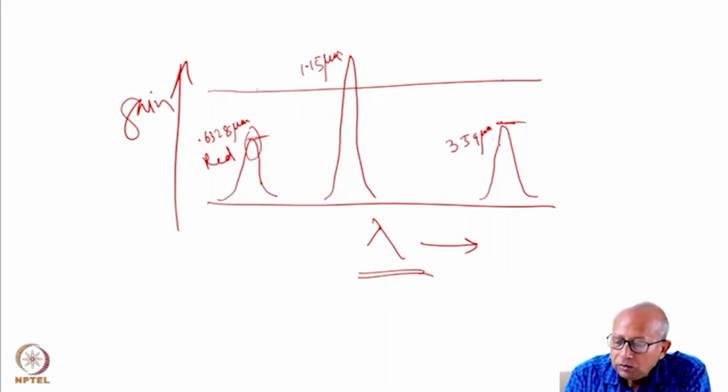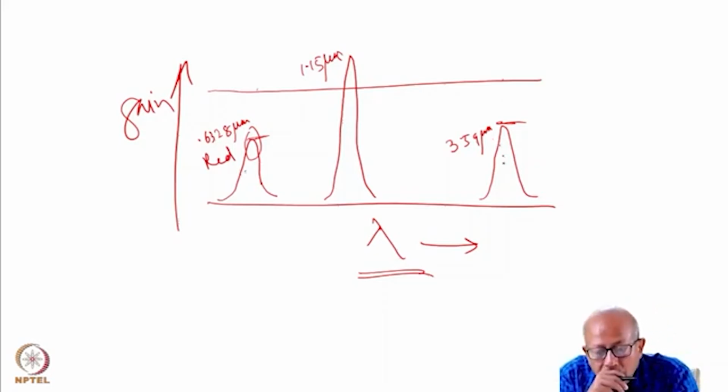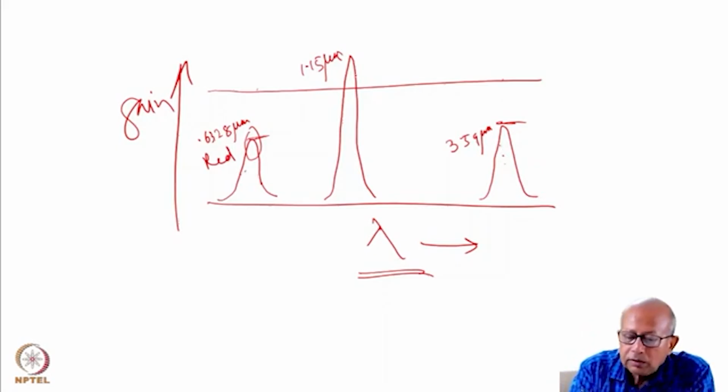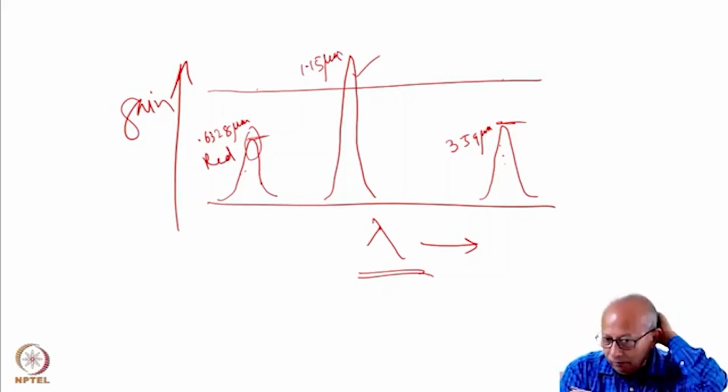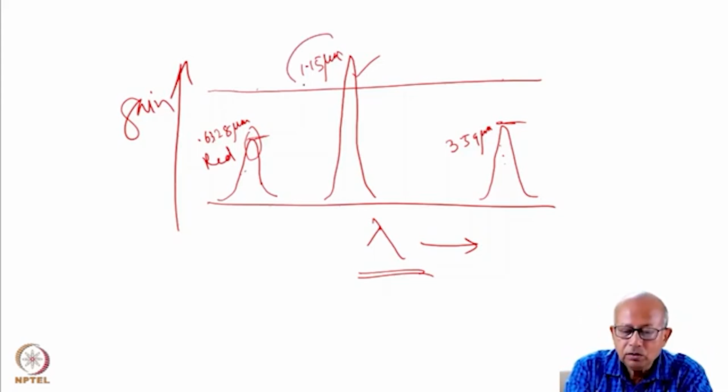Therefore, oscillation or amplification of light at these wavelengths is not possible. So only this transition with the highest gain will be able to lase. That is why Ali Javan and his team, when they invented the helium-neon laser, obtained emission at this wavelength.